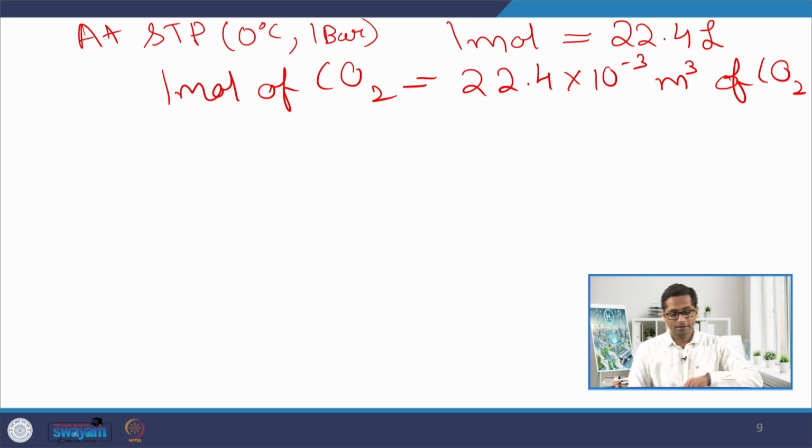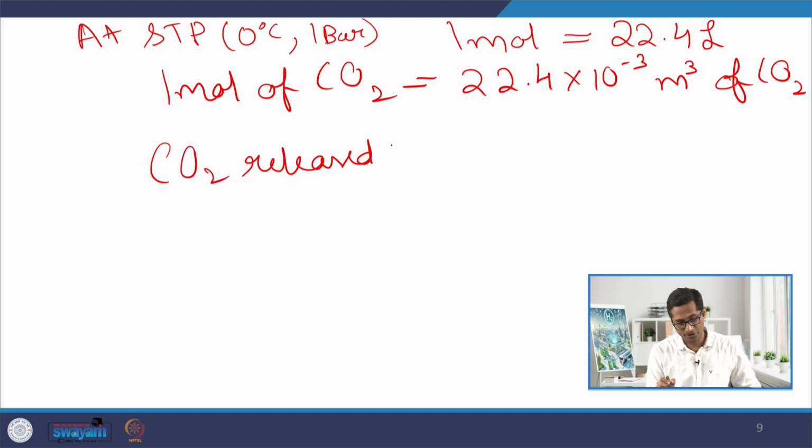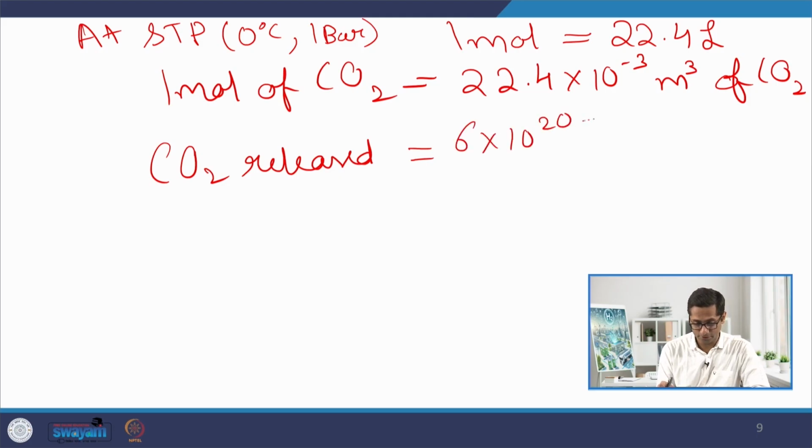Now, the next part of this calculation is: if all of the 600 exajoules, which is the primary energy consumption on the planet Earth, was to come from fossil fuel, and I am estimating all of the fossil fuels to be represented by this crude, what is the amount of CO2 that I would be emitting? So, the CO2 released by energy use would be the energy consumption, which is 600 exajoules or 6 into 10 to power 20 joules.